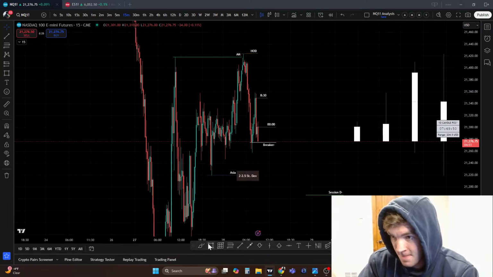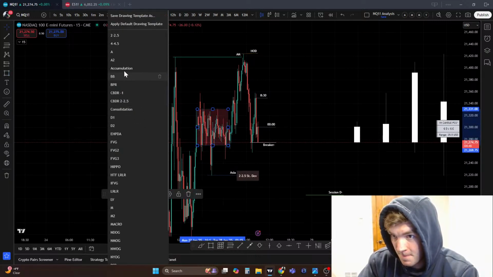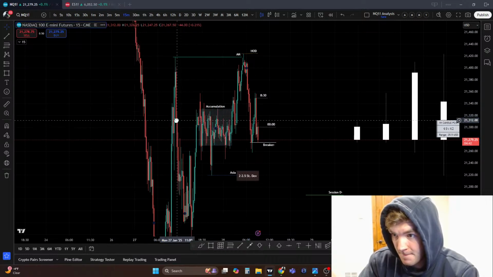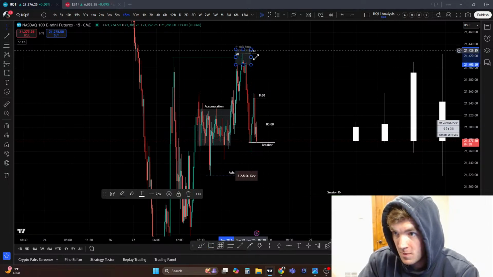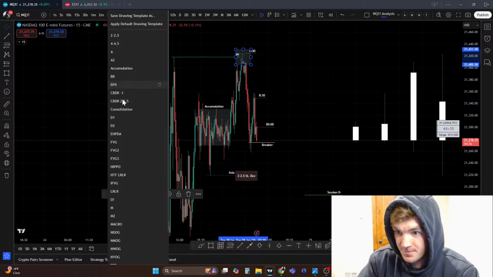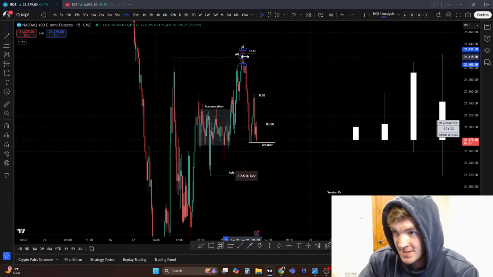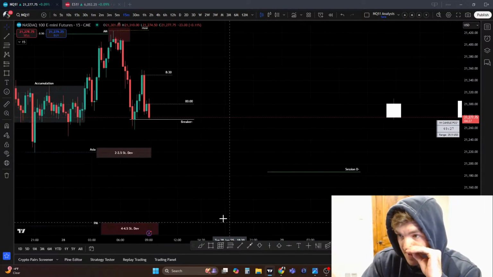Right? We got accumulation, manipulation. I think it's worth taking a trade once we get something. I'm just trying to figure out what that something could be.